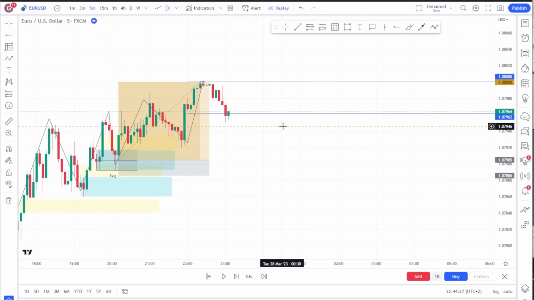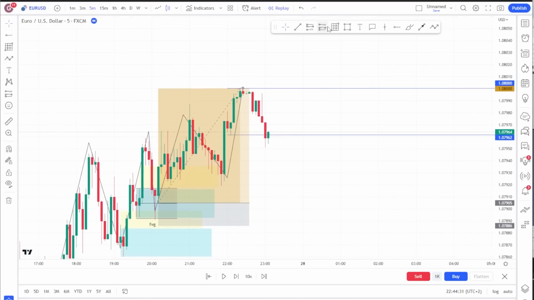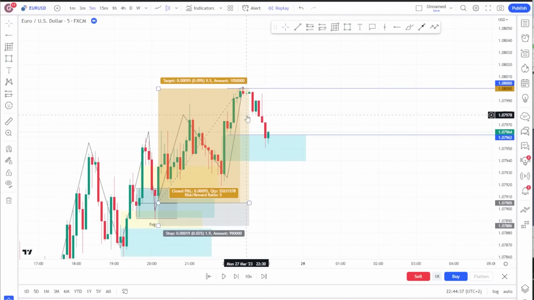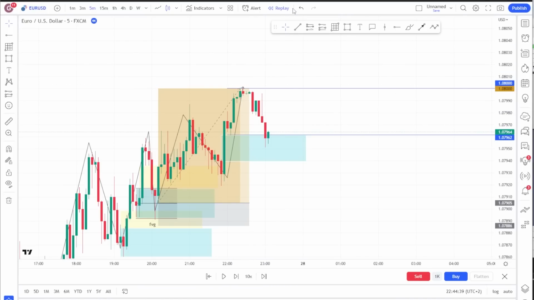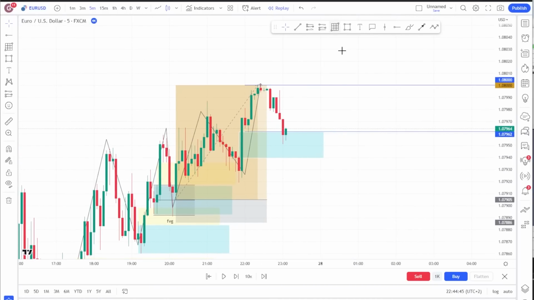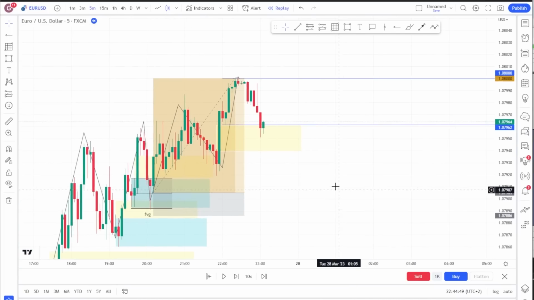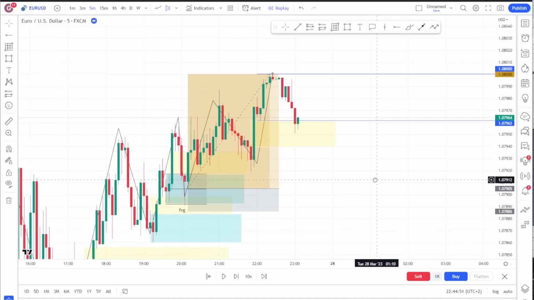If you get a setup like this, you need to have a significant break to the downside. If you do, you need to target much lower targets. In this case, we did break, but this is a fair value gap right here that we're tapping into. A very strong one, and in this case, I would not go for this.